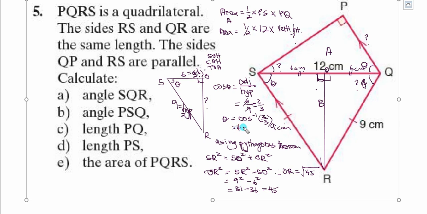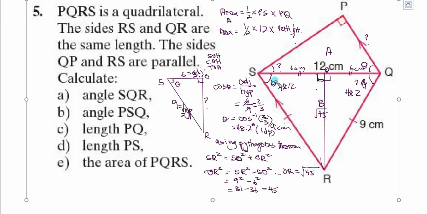Oh yeah, 48.2 degrees. Remember, IGCSE standard for angle is 1 decimal place. Okay, this angle is 48.2. This is also 48.2. We also work out this length. OR is square root 45.